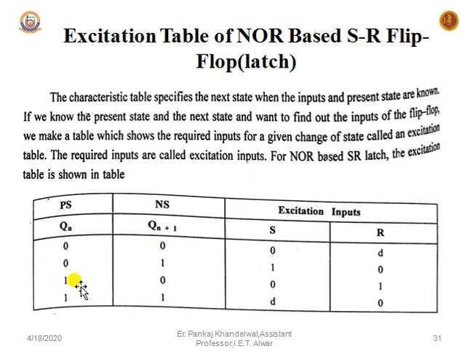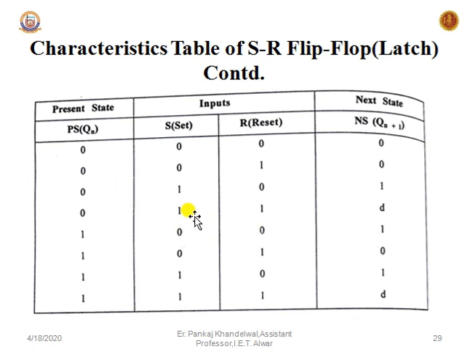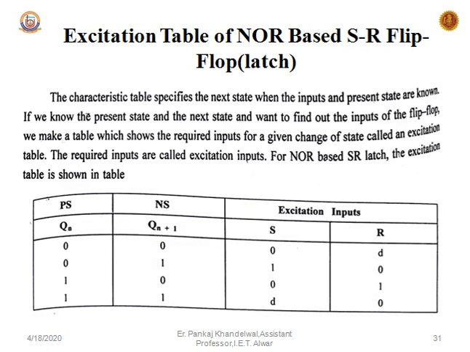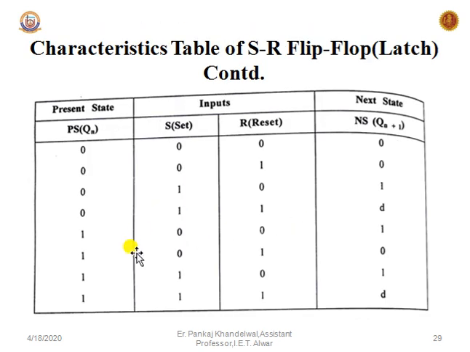After that, when we come to the case present state is 1 and next state is 0, if we move on the characteristic table, present is 1 and next is 0, this state is only row number 6.